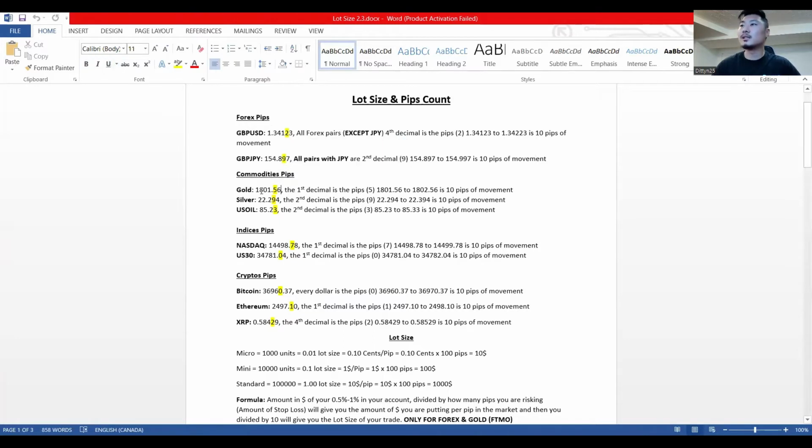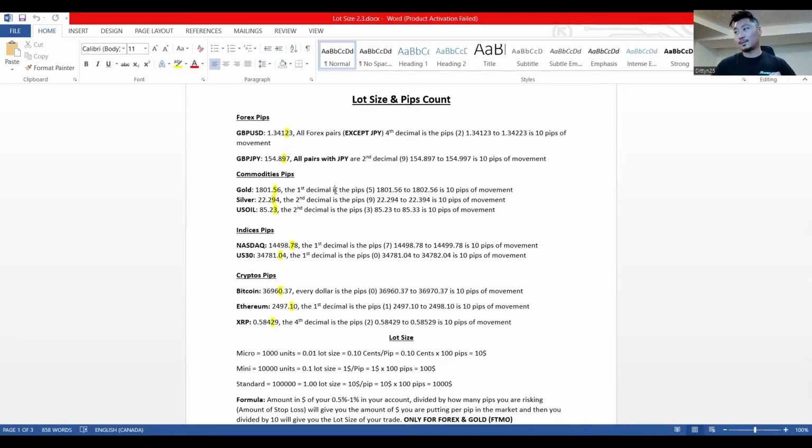So you see here commodity, you have metals, right? Like gold, silver, and other commodities. So for gold, the first decimal is the pip. So for example, here 1801.56 to 1802.56 is 10 pips of movement. So for me, every dollar for gold equals 10 pips, right?